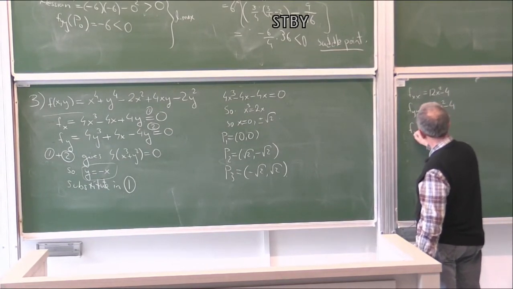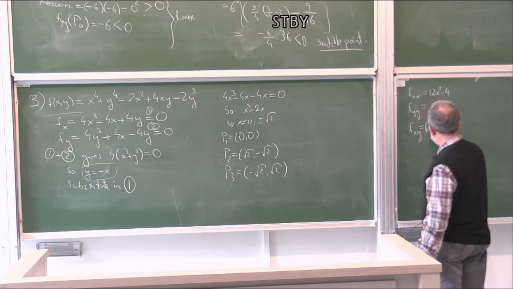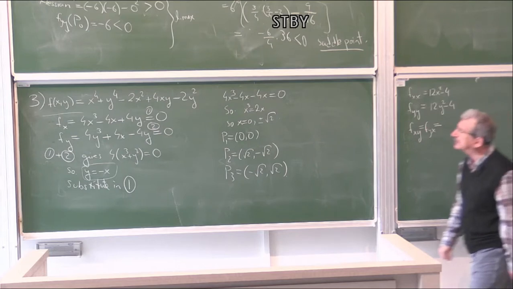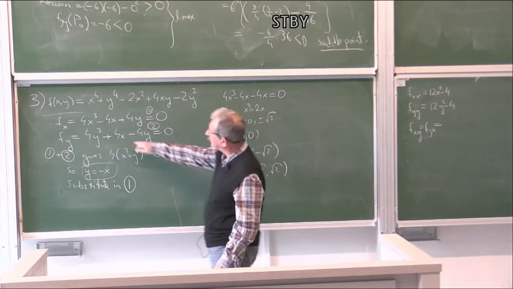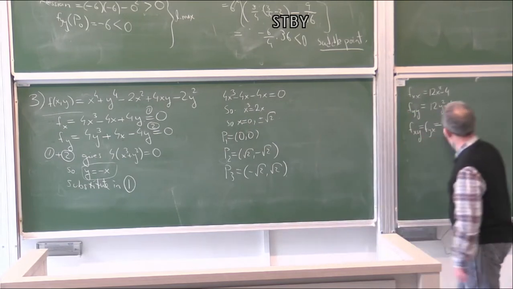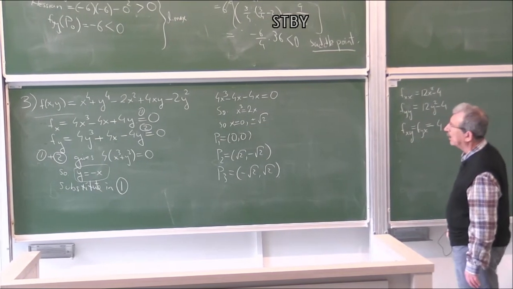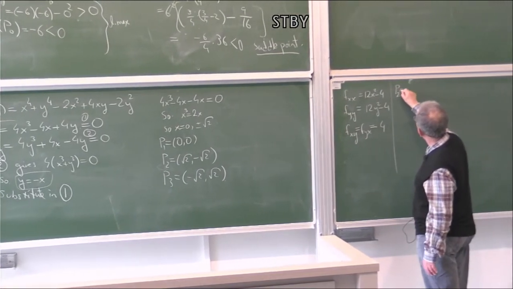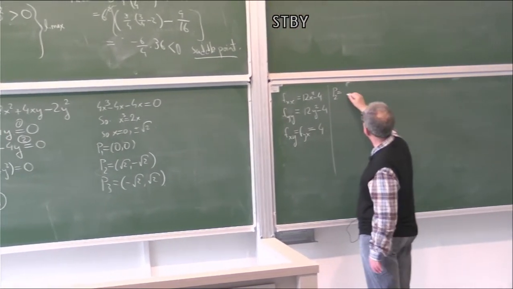And fxy, which is the same as fyx, would be taking the derivative with respect to x here, which would be just 4. Okay. So now let us start with the point P2. We will see the reasons in a minute.